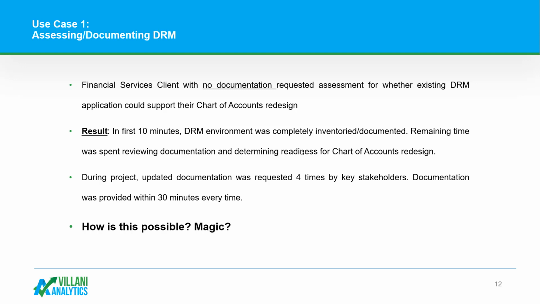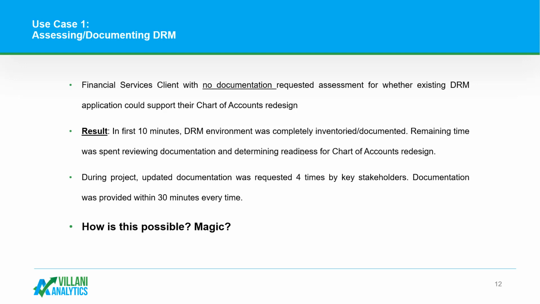And then during the project, we had some other teams that were downstream systems that would be taking hierarchies from DRM, and they requested, 4 times or more, that we provide them documentation of the different properties that are available in DRM, and all the hierarchies, things like that. And as many of you know, when someone's requesting documentation during the build phase of a project, it's usually not started yet.